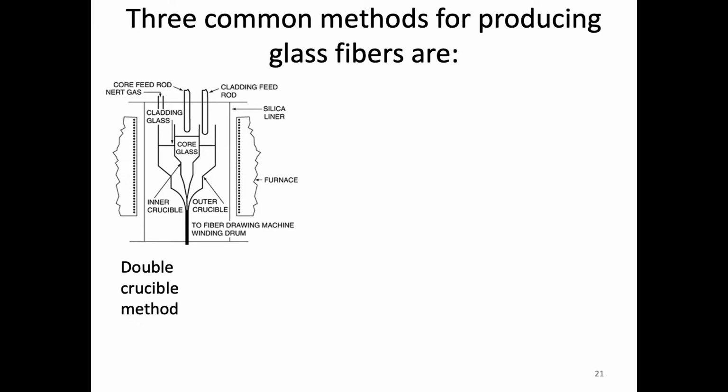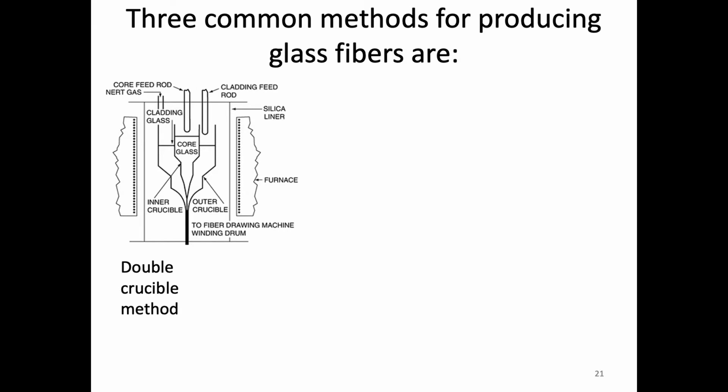Okay, so one method for producing these glass fibers is known as the double crucible method. And so, as you might expect, there are two crucibles. One that composes the glass of the core, and then another crucible that has the glass of the cladding material.